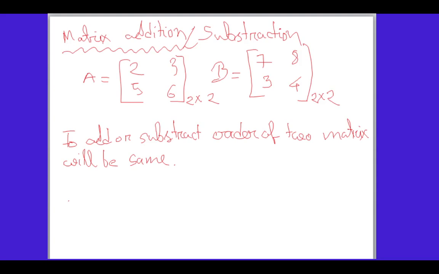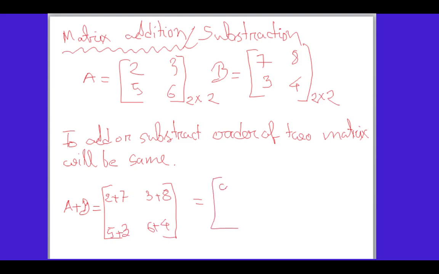Suppose we have to add two matrices A plus B. We have to add corresponding elements. 2 plus 7, 3 plus 8, 5 plus 3, 6 plus 4.